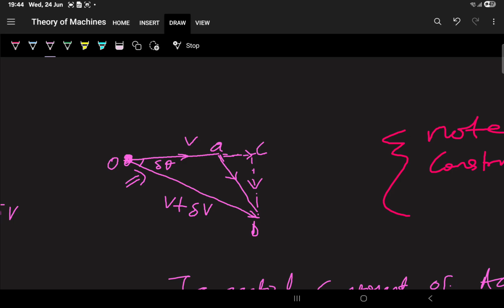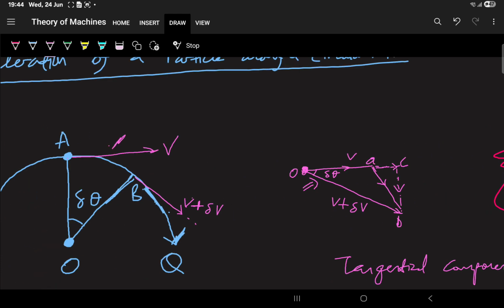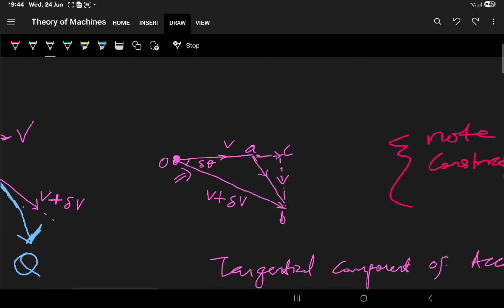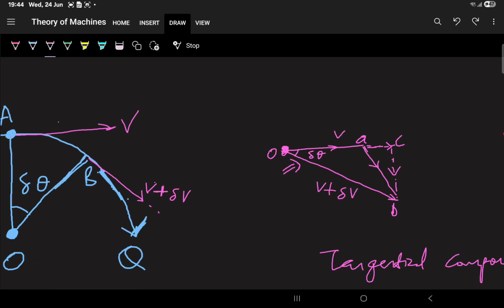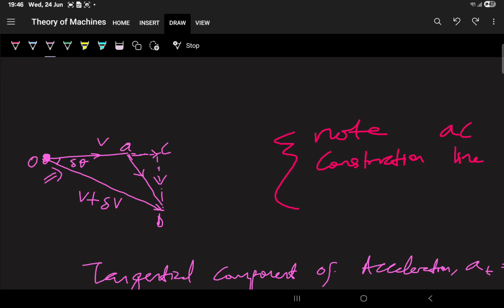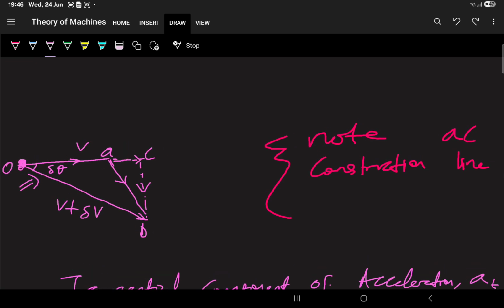Now this is vector V from here previously, and over here this is vector V plus change in V, which we agreed is the increase in velocity, because the string is moving this way, so velocity increased from A to B. Now completing the vector triangle, you'll notice broken lines here and here.